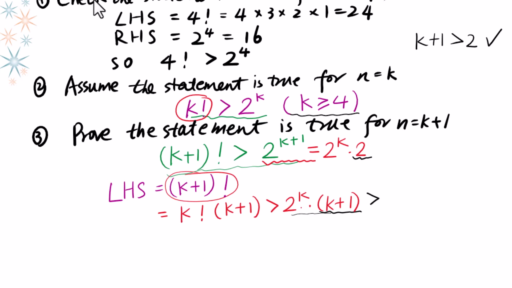So this expression is greater than 2 to the kth power times 2. This equals 2 to the k plus 1th power, which is the right-hand side of the statement.